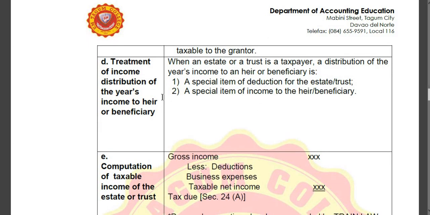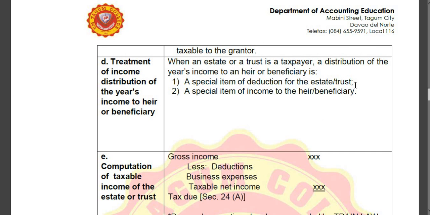Treatment of income distribution of the year's income to heir or beneficiary. When an estate or trust is a taxpayer, a distribution of the year's income to an heir or beneficiary is a special item of deduction to the estate or trust and a special item of income to the heir or beneficiary.